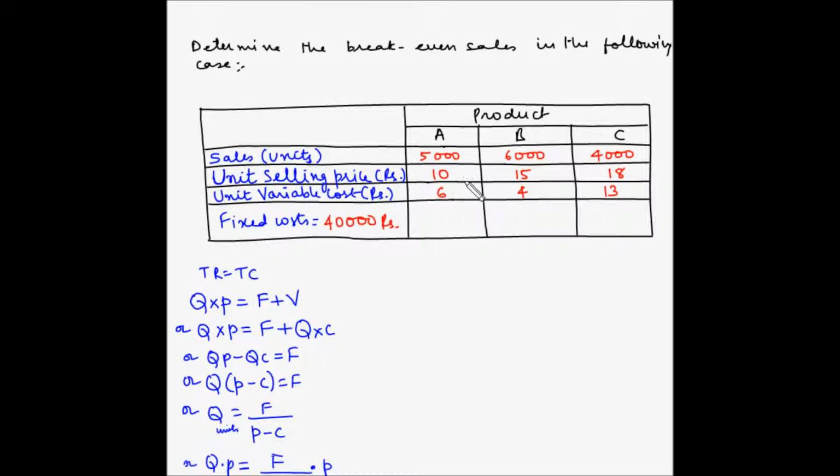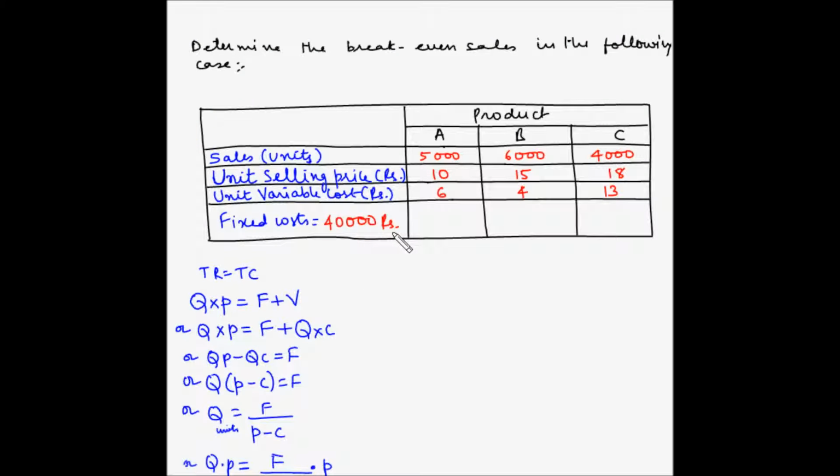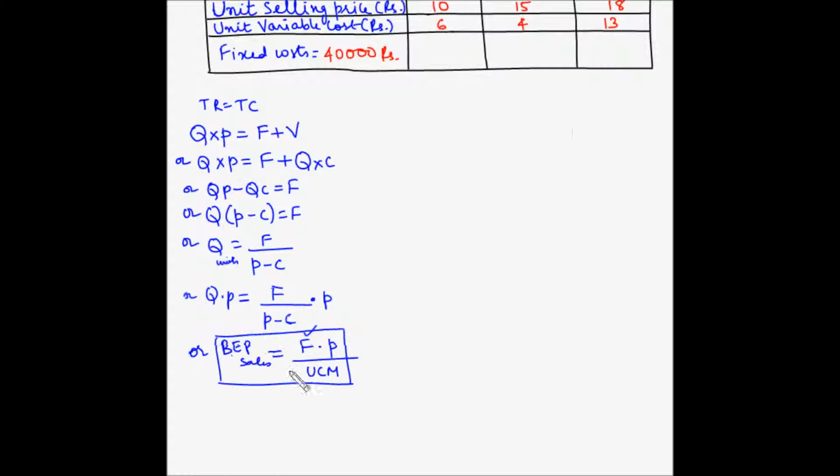Now in our case, we have three products, A, B, and C. So each of these products has a different number of units sold, different unit selling price, and different unit variable cost. So if we have to find out the break-even sales, we know the fixed cost, which is 40,000 rupees, which is independent of the products being produced.